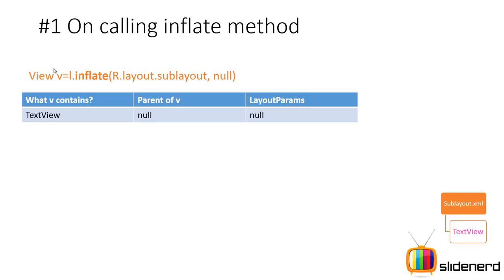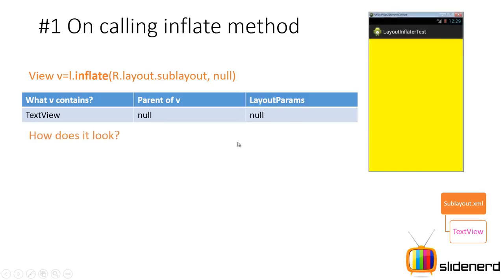They are all derived from ViewGroup.LayoutParams, which is the base class for all layout descriptions, right? So at this point, this is also null. Now what do you mean by that being null? Well, we will see what happens when this thing has a value, but for now, don't worry too much about this. Alright, how does it look like? Well, you see a blank yellow screen and you're wondering, what the hell, dude?